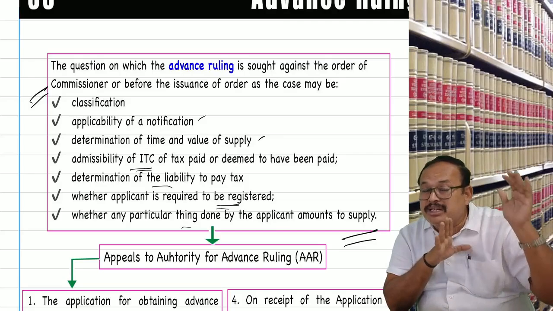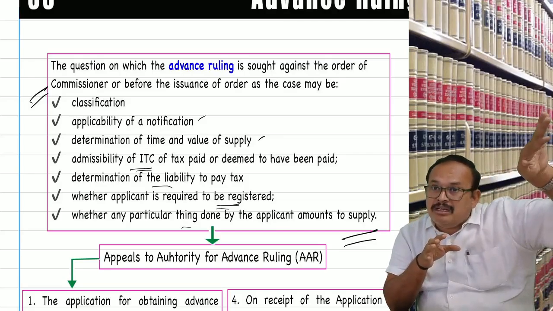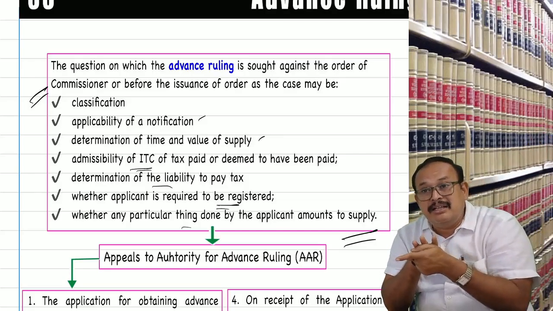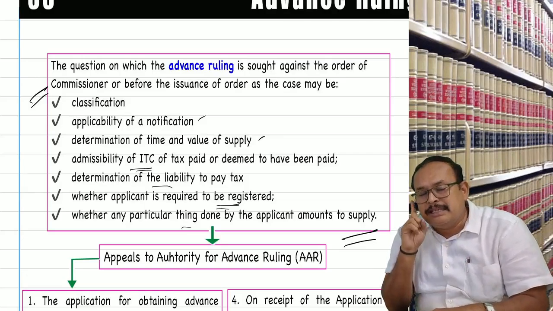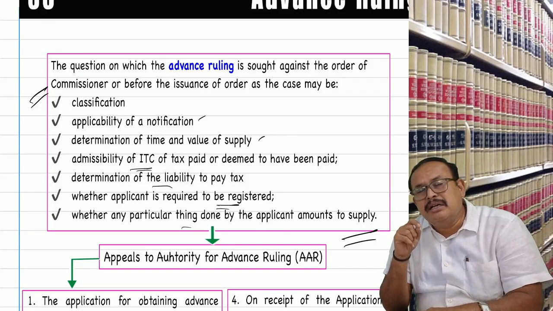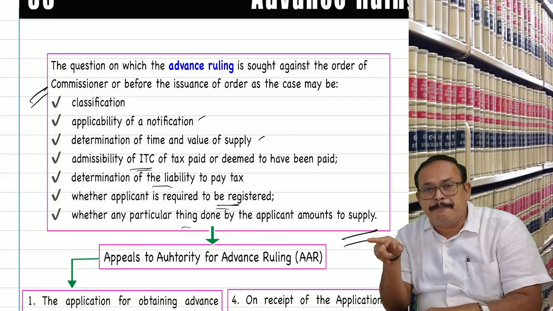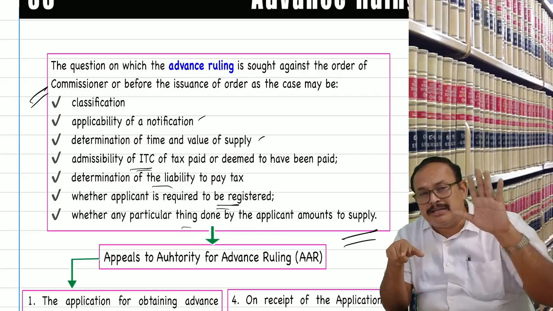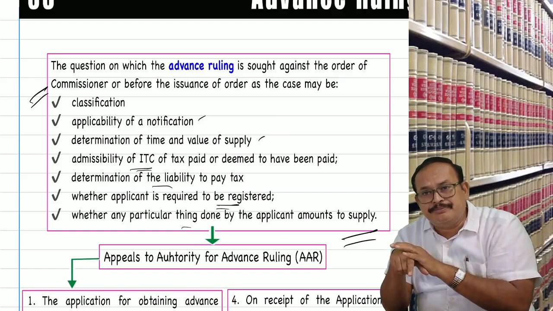If the judiciary has already taken up the matter for hearing, it cannot be questioned again in advance ruling. If the tribunal passed the order, that cannot be challenged here, or if the High Court passed the order, that cannot be challenged here.